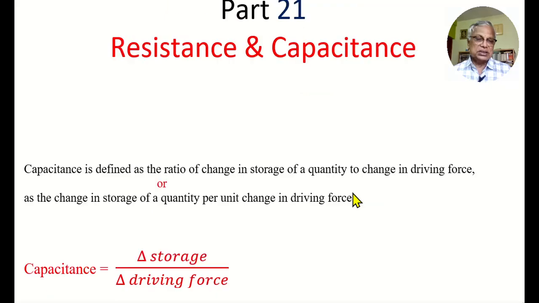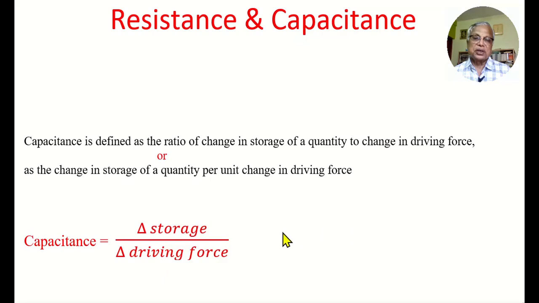Now capacitance is defined as the ratio of change in storage of a quantity to change in driving force, or you can also define it as change in storage of a quantity per unit change in driving force. This is the definition.